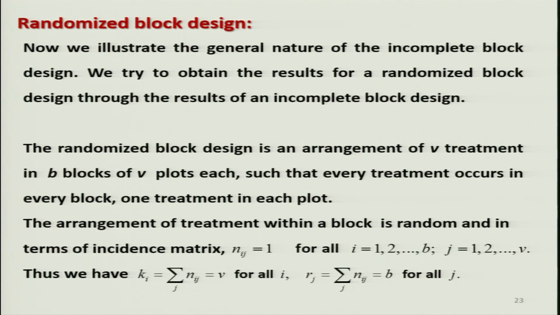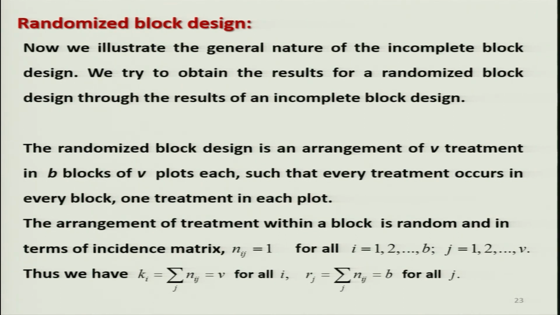And you will see that just by using particular values of the Nij's, the incidence matrix, block totals, treatment totals, etc., you can obtain the structure of randomized block design from the structure of incomplete block design, right.